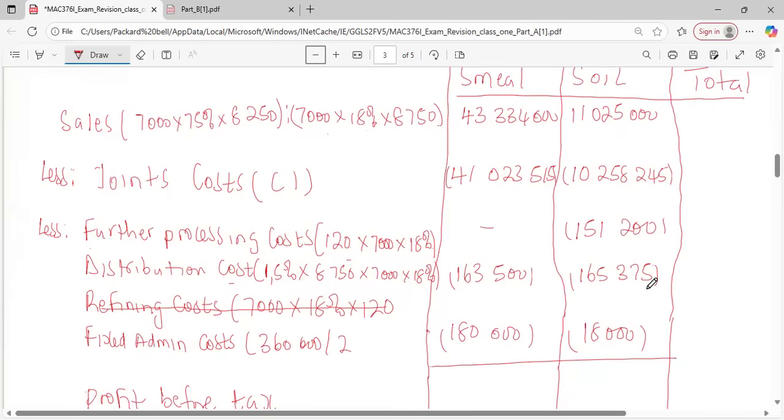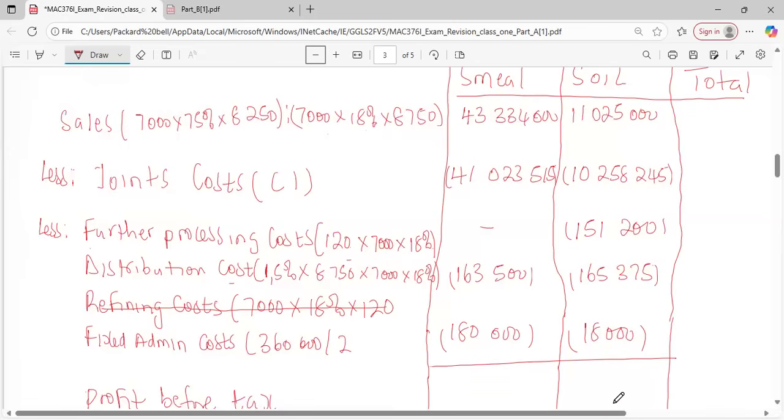It's going to be minus. Okay, how much do you guys have for S meal profit for the year?